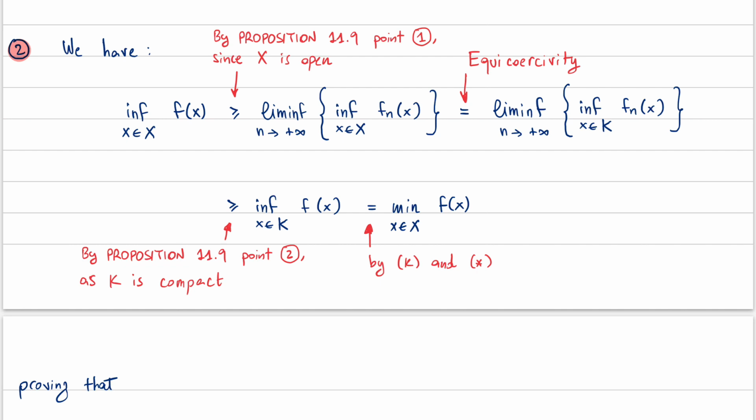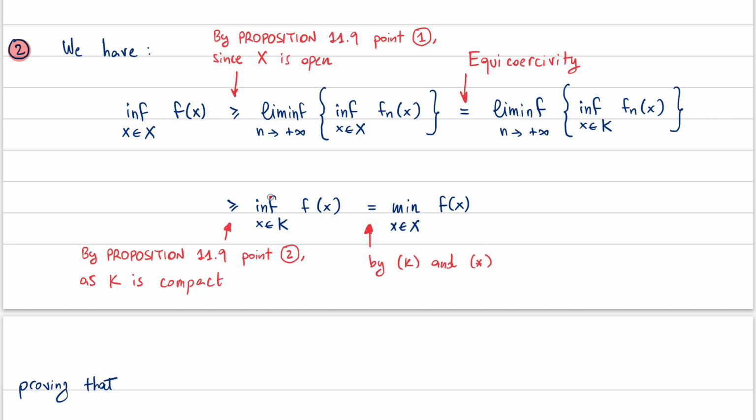So in point 1 we showed that since K is compact and f is lower semi-continuous, there exists a minimizer in K, and then we proved that actually this minimizer is a minimizer over the whole space, and in particular this follows.